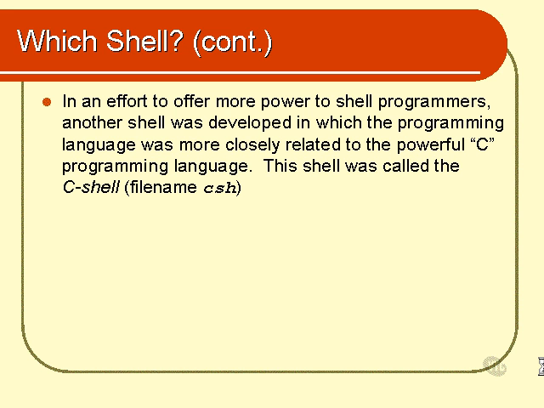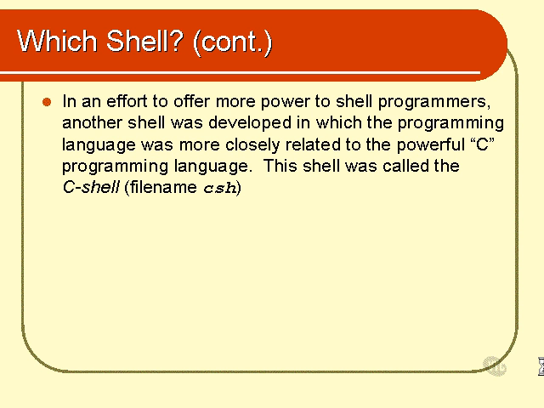It's not a derivative of the Bourne shell, but it's similar to the Bourne shell. The main difference is that the scripting language, the interpreted scripting language, is a different language, and it's more closely related to the powerful C programming language. And for this reason the shell was called the C shell. Another little Unix witticism there.